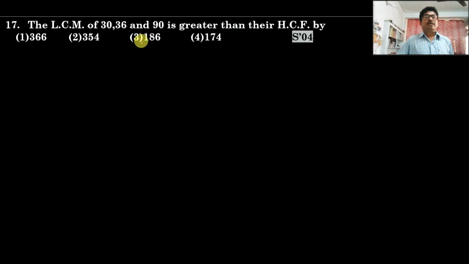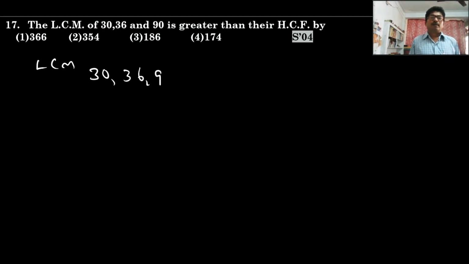Seventeenth question. The LCM of 30, 36 and 90 is greater than their HCF by how much? To find the answer, we have to find the LCM and then the HCF. First LCM. LCM of 30, 36, 90.